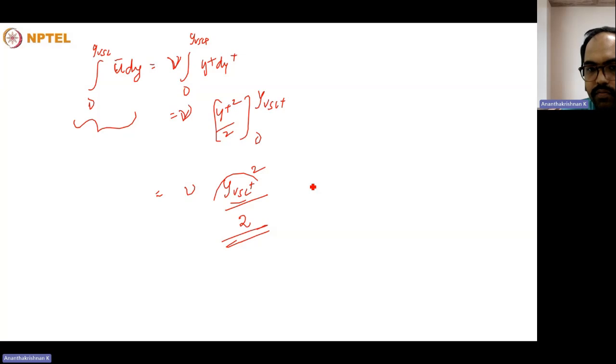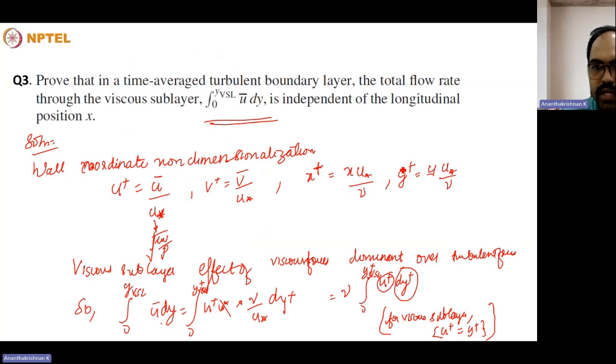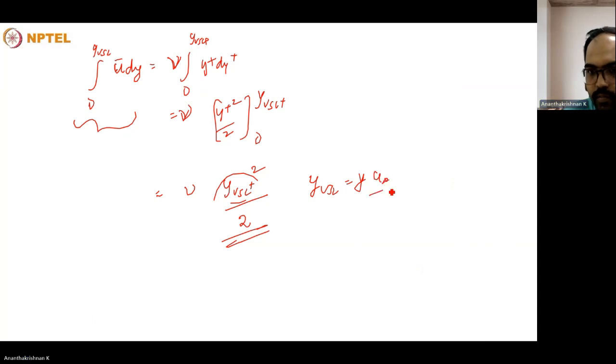So this term y VSL plus is dependent upon y, u star and nu. Though the y value varies with respect to the viscous sublayer, y VSL plus will not vary. So y VSL times u star, we are trying to non-dimensionalize with respect to the u star velocity, which takes the shear stress divided by rho, and nu.